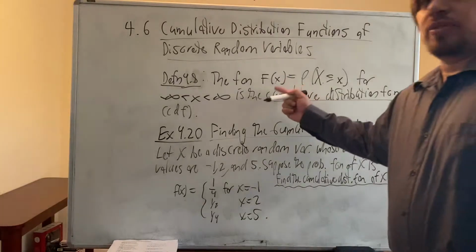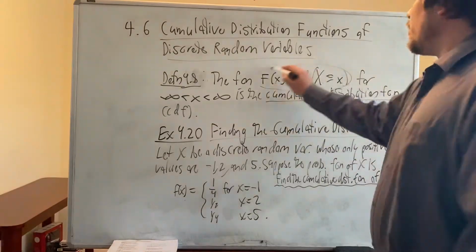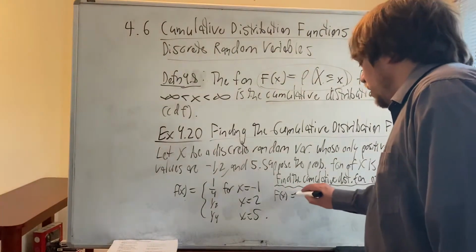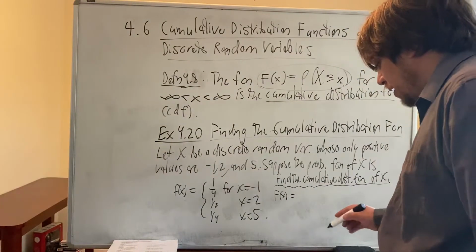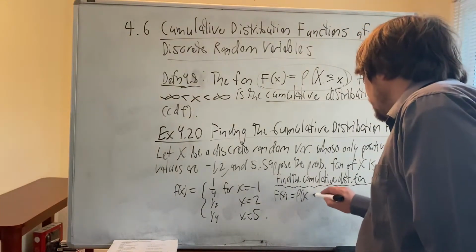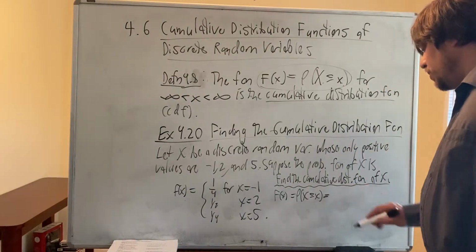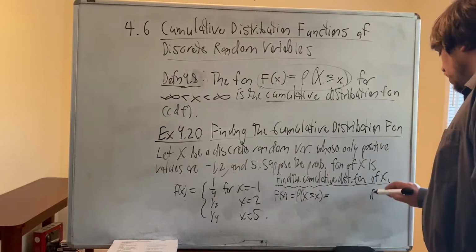Okay, so that's the cumulative distribution function, right? And this is the equation for it. So capital F of little x is equal to the probability that capital X is less than or equal to little x. And that's equal to, well, if x is less than -1.